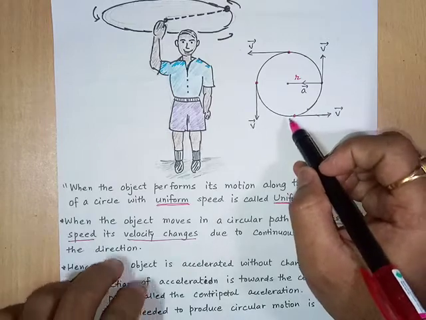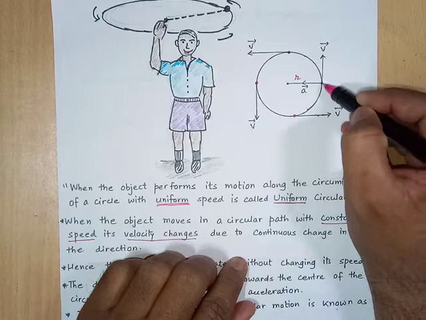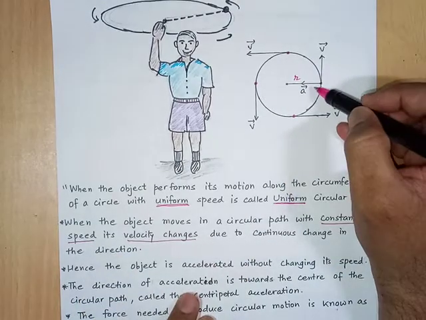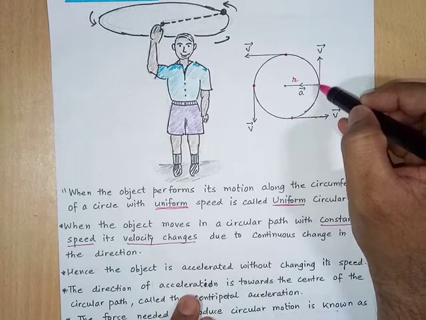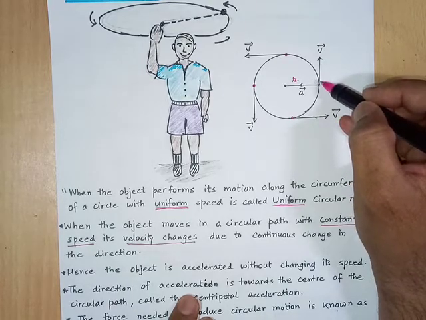But what about the velocity? The velocity at the respective points differs over here, because velocity is a vector quantity, and since velocity is a vector quantity, the direction is also important, because every vector quantity has the magnitude as well as the direction.